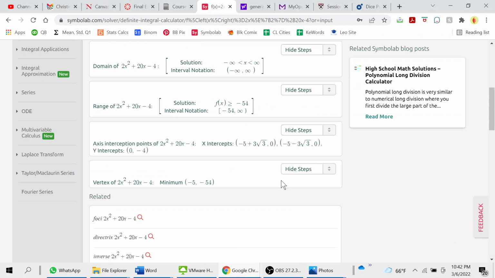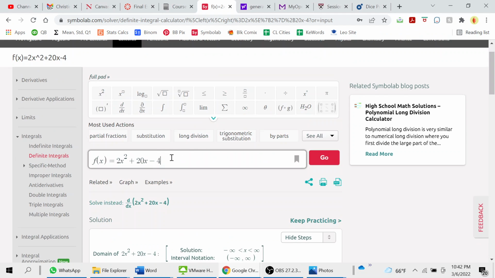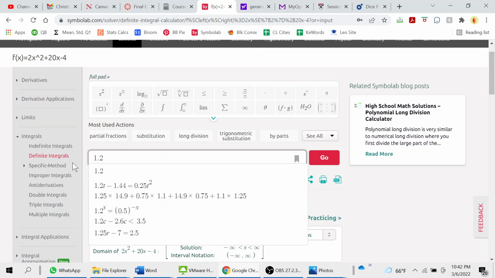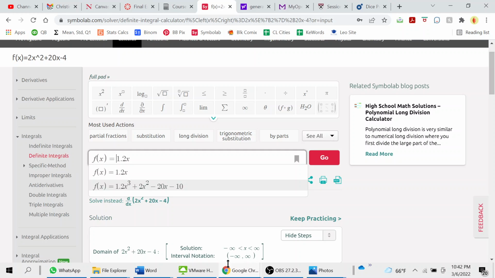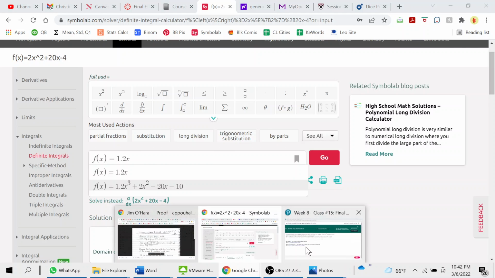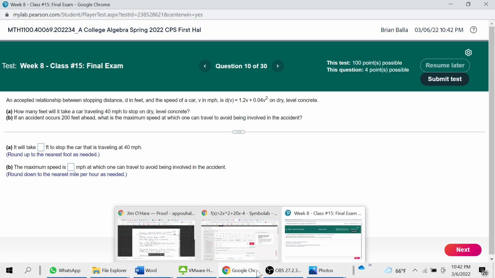1.2v. Let me just write this here. Let's just replace v with x for simplicity's sake, so it doesn't confuse the software. 1.2x plus 0.04 x squared.